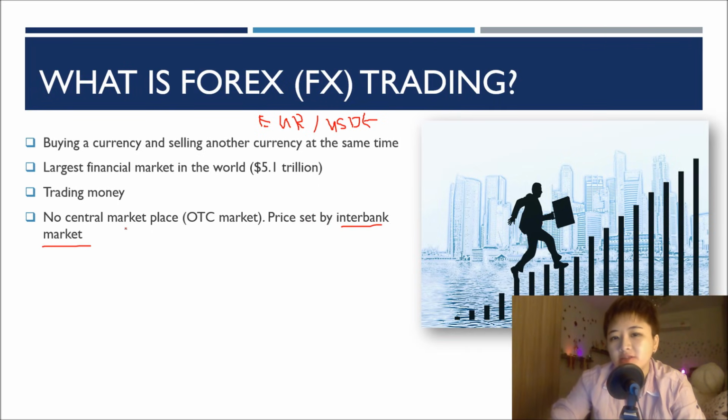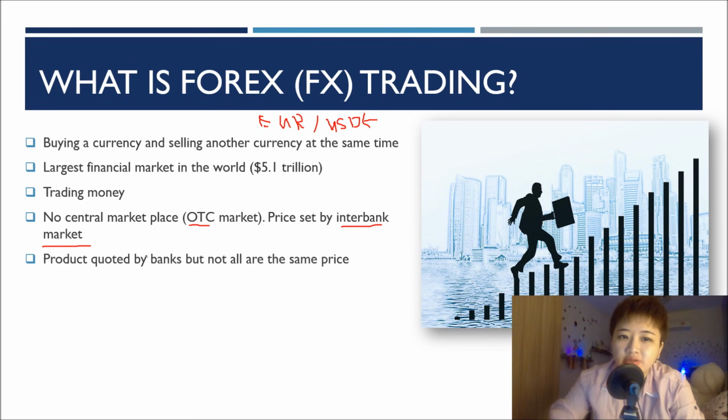This means that there's no physical exchange that you can go to. For example, if you go to New York, there's a physical place where you can go to trade, for example futures, ETFs, options. But for Forex, everything is done online. There's no physical place to go to. Okay, this is what they mean by OTC markets.